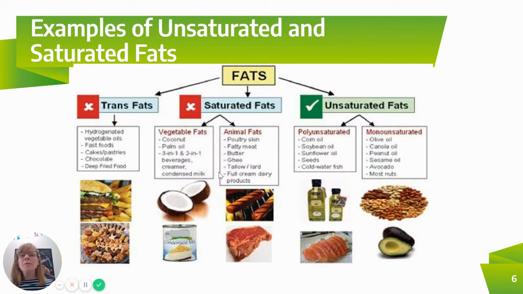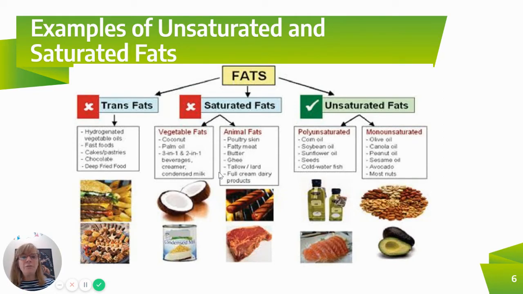Here's another example of what exactly is in a saturated fat and what exactly is in an unsaturated fat. Do you notice we have red X's kind of telling us, yeah, maybe limit those foods a bit. Fast foods, fried foods, donuts, all fit into another category called trans fats. Let me explain that in a minute. Then you've got your saturated fats, your butter, your fatty meats, your full dairy products, poultry skin.